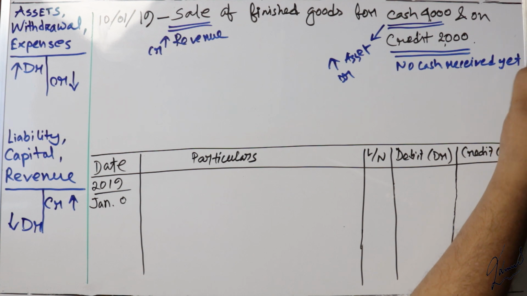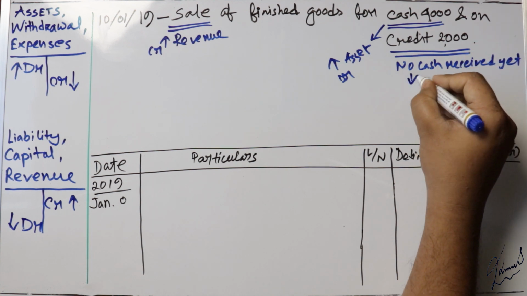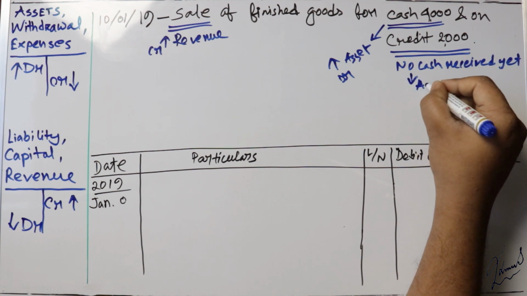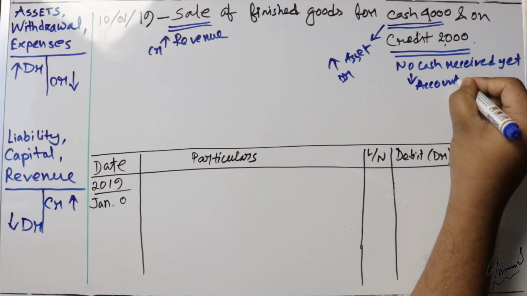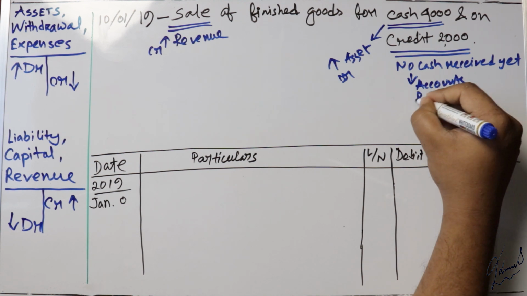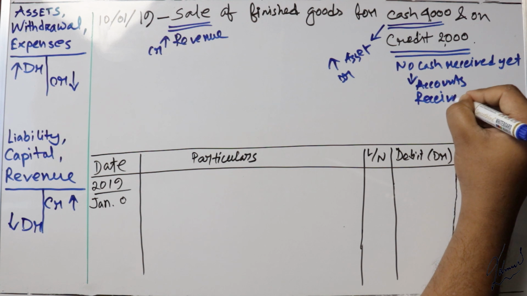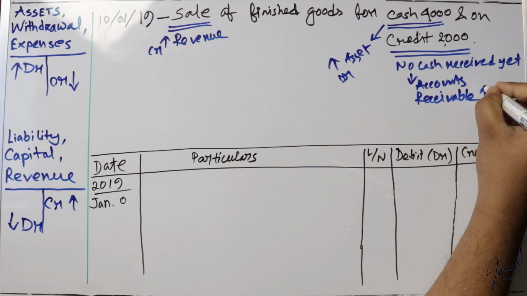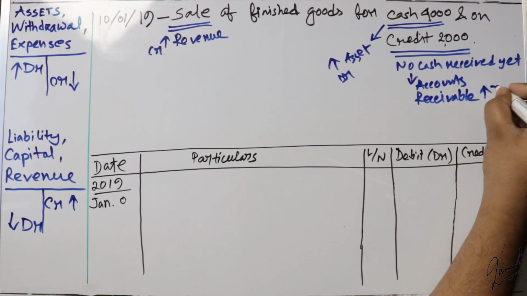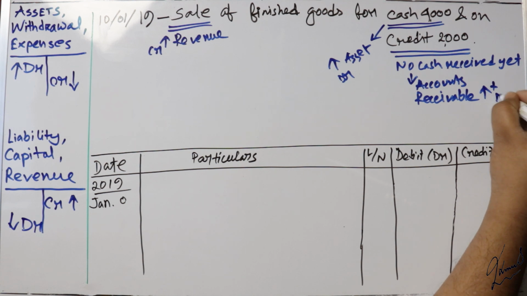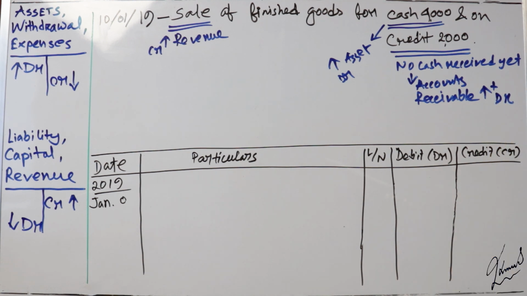And the account we will use is accounts receivable. Whenever we have a sale on credit, we have to put it under accounts receivable. Later, when we receive the cash, we will deduct accounts receivable and increase cash. So accounts receivable is an asset, and when increased, it is debit.